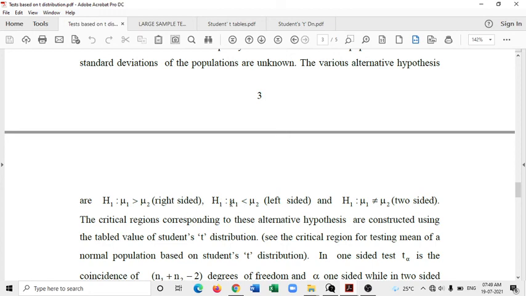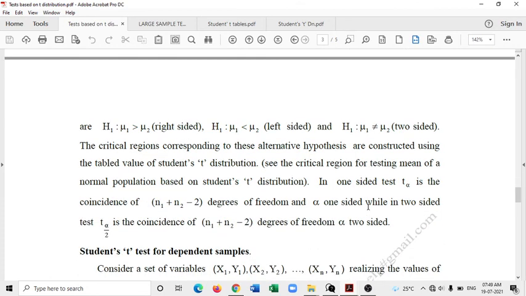When the test is left-sided, mu1 less than mu2, the critical region is T less than minus T alpha. And if the test is two-sided, the critical region will be in the left and right sides. The sections are T less than or equal to minus T alpha by 2 or T greater than or equal to T alpha by 2. That's about the test for equality of means of two normal populations based upon T distribution.